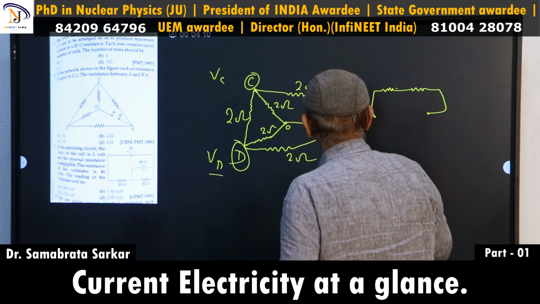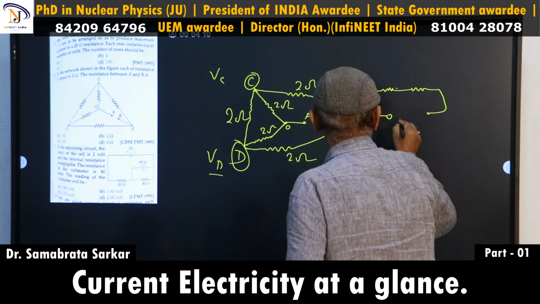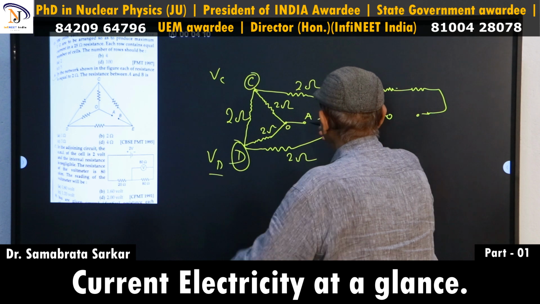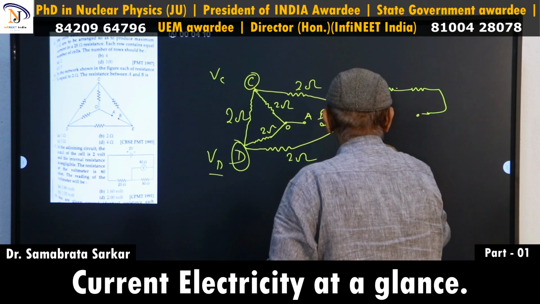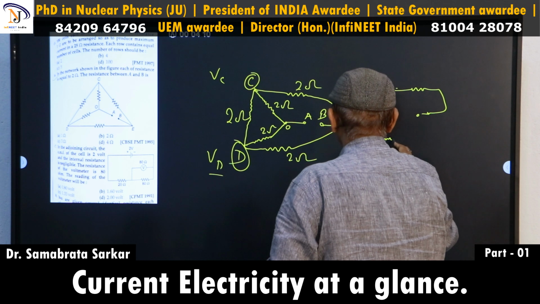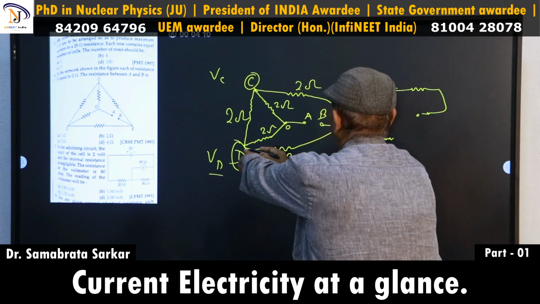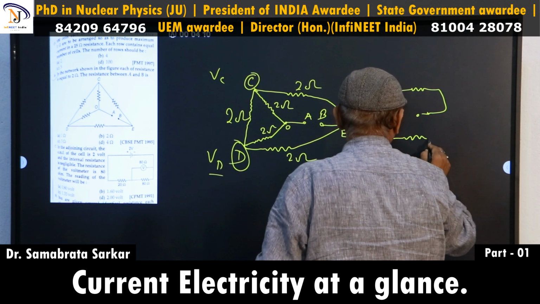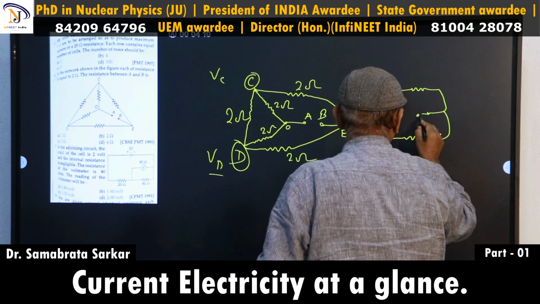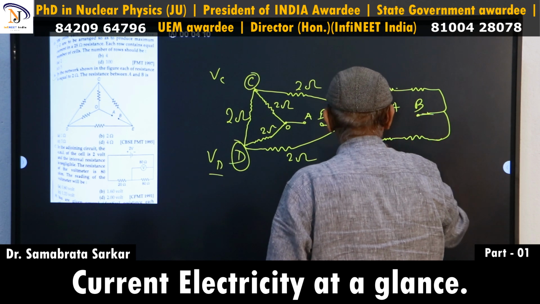O means A and B. In the same way, this current will come from here in this way, and again this is a common point, and this will come here.